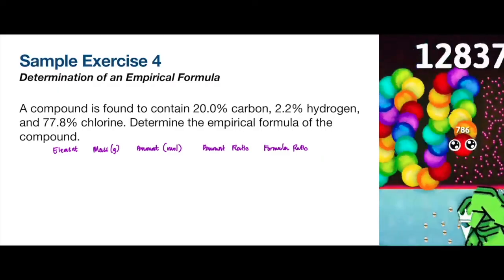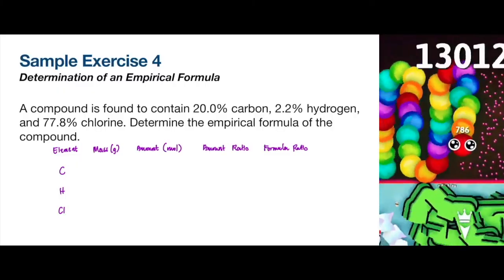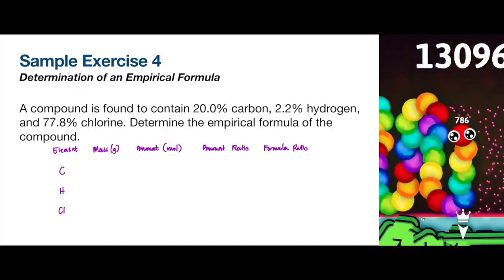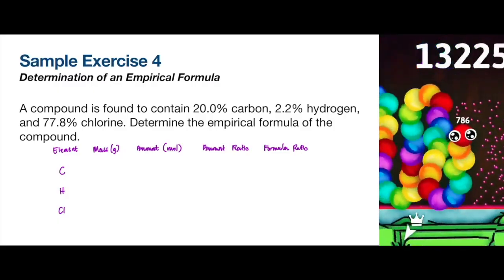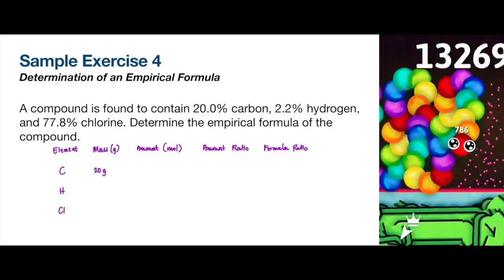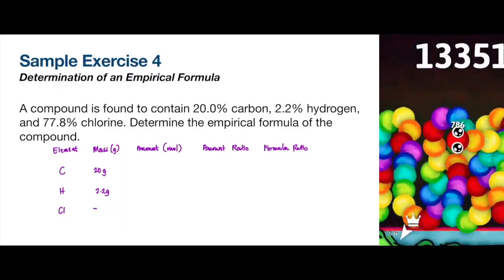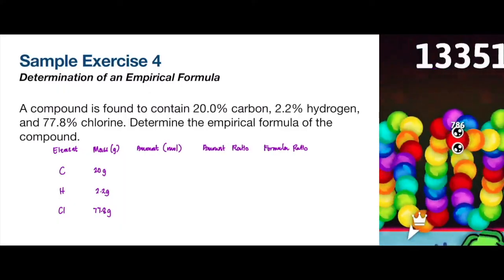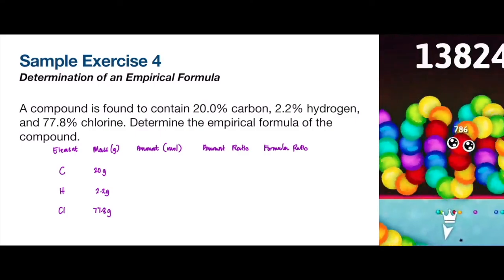So based from the problem, the elements present are carbon, hydrogen, and chlorine. Since we are assuming 100 gram of a compound, the mass of each element is 20 grams for carbon, 2.2 grams for hydrogen, and 77.8 grams for chlorine. Now let's convert the mass of each element to number of moles.